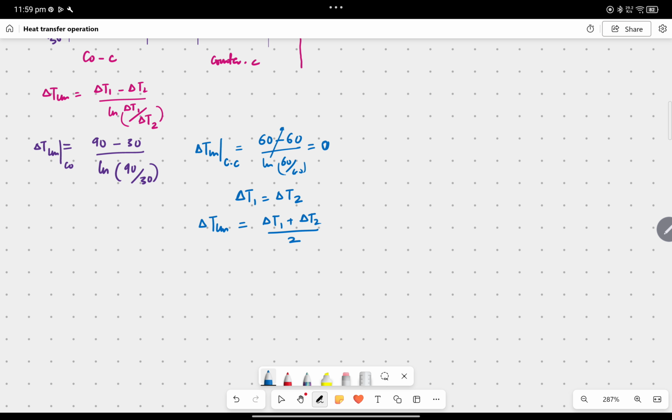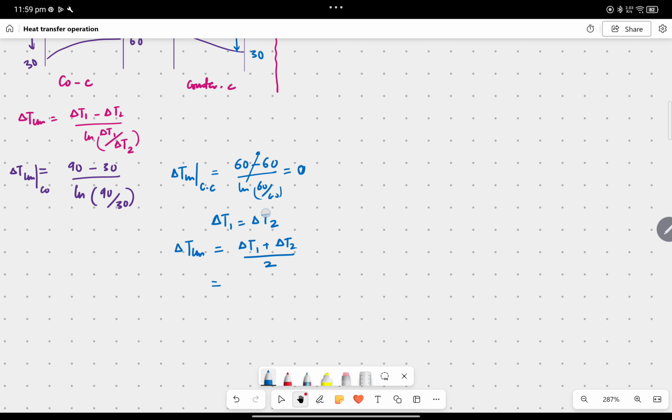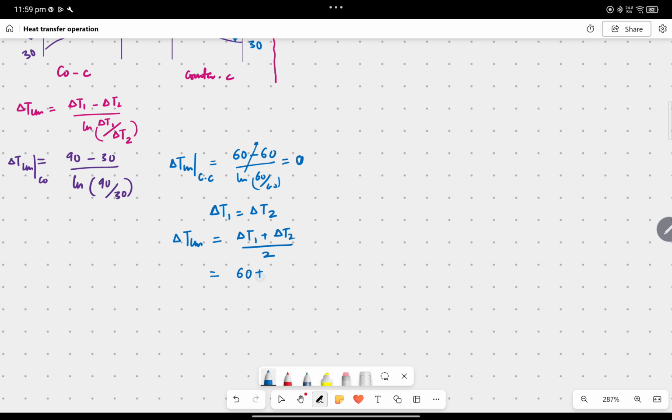So 60 plus 60 by 2 is obviously 60. So the delta TLM for counter current is 60.